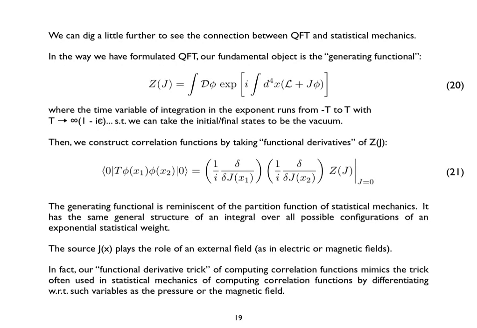And so, like I said, the generating functional is very reminiscent of the partition function because you do the same types of things, right? In stat mech, from what I remember, you write down the partition function for whatever your system is, and then you can compute observables by taking derivatives with respect to whatever variables, like the pressure, or the magnetic field, or temperature, right? So it's the same kind of idea.